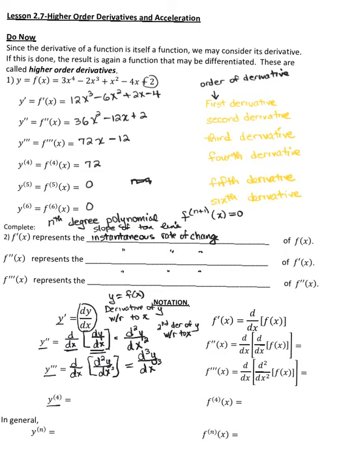d superscript 3 y over dx superscript 3. And this is exactly where we place the superscripts, right? They must be placed there. And then the fourth derivative is the derivative of the third derivative.